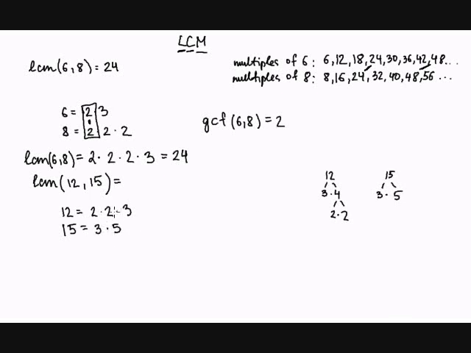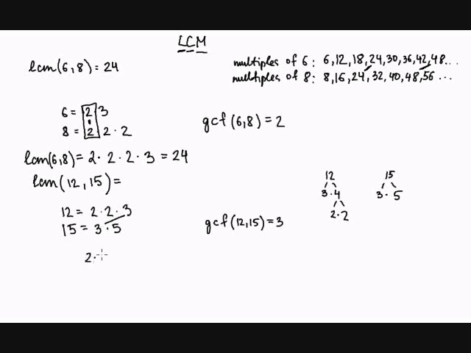So again, we're going to find all the common factors, and here we have 3, and 3 is the GCF of 12 and 15. And to find LCM, we're going to write all the prime factors and we're going to count the common ones as 1.